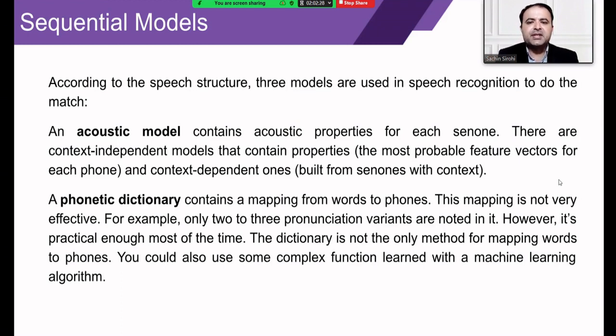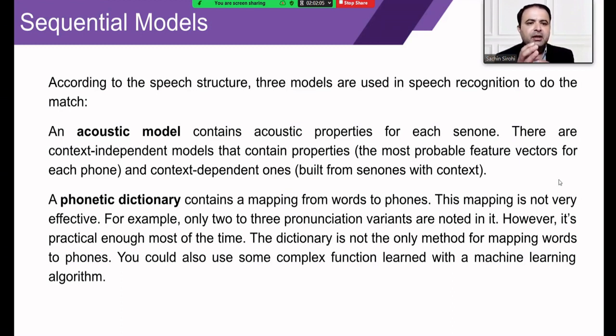According to the speech structure, three models are used in speech recognition to do the match. An acoustic model contains acoustic properties for each phoneme. That means if we are speaking, telling something to the machine, it is an analog signal.